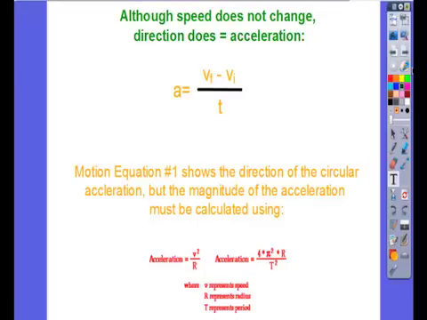Because the velocity is 2 pi r over t, we can substitute that into the equation, so we have two different ways to find acceleration. Those equations are identical. V squared over r is equal to 4 pi squared r over t squared. All we did was plug in our equation for velocity that we learned in the last section, which is 2 pi r over t.